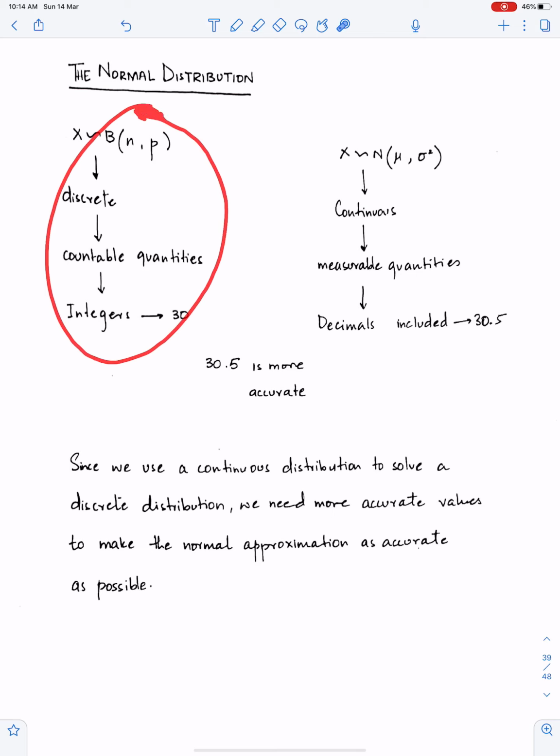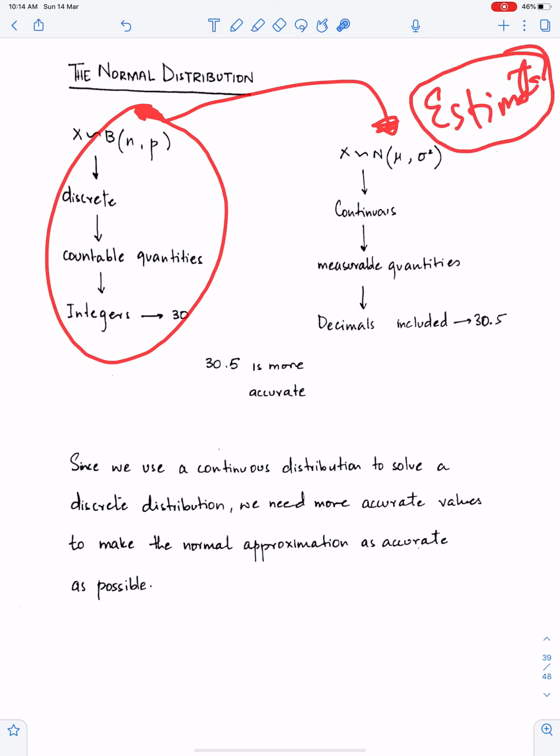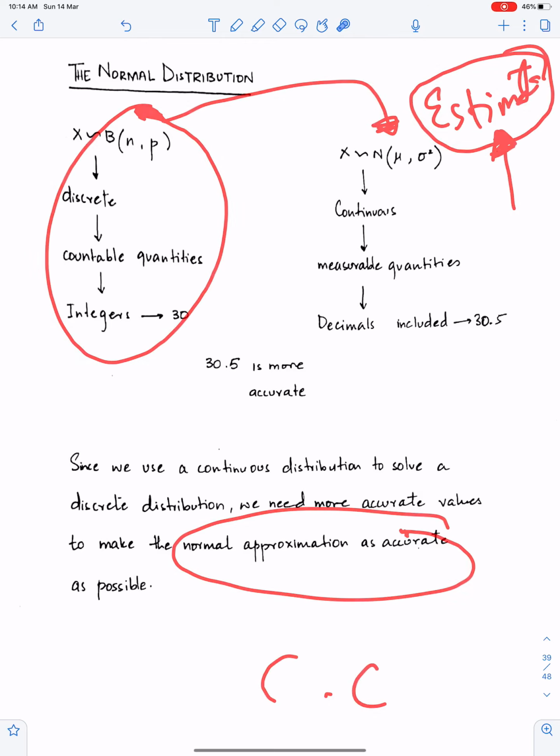But if you are unable to solve it through binomial, you need normal approximation, which will give you an estimated answer, not the exact answer. In order to make this estimate as accurate as possible, you have to do something in the approximation, known as the continuity correction, CC.